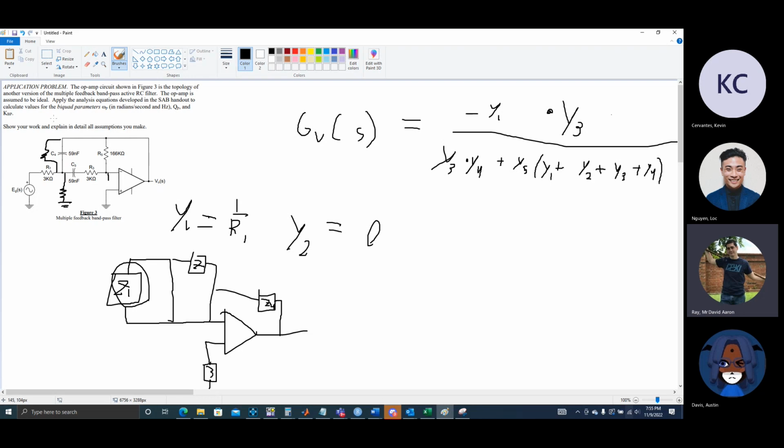So it's pretty much taking topologies from your notes and making your circuit fit the best topology for it. And then you're able to calculate your gain function.